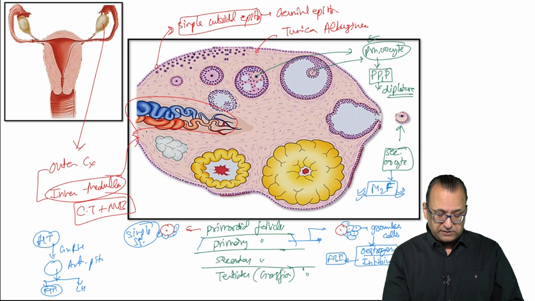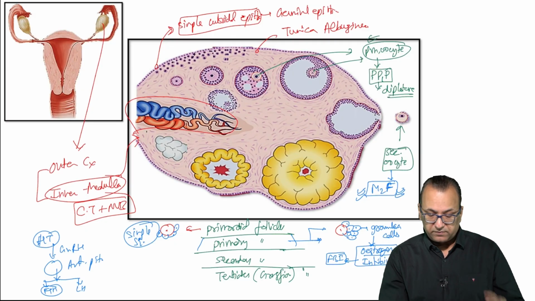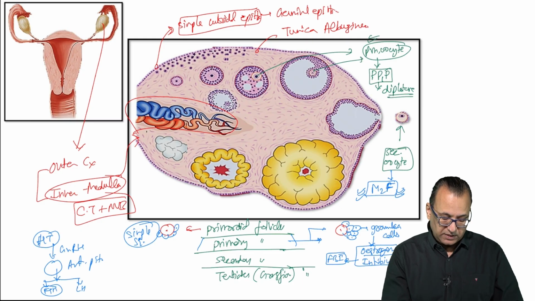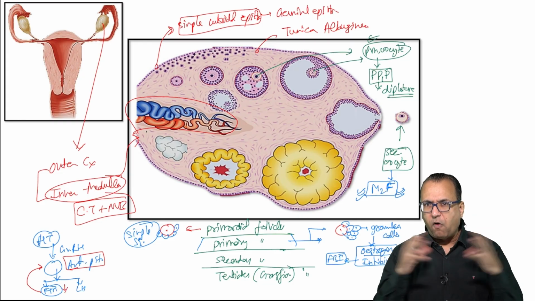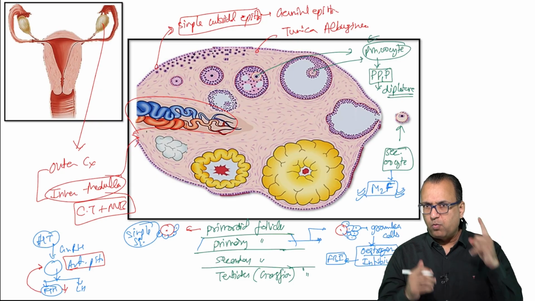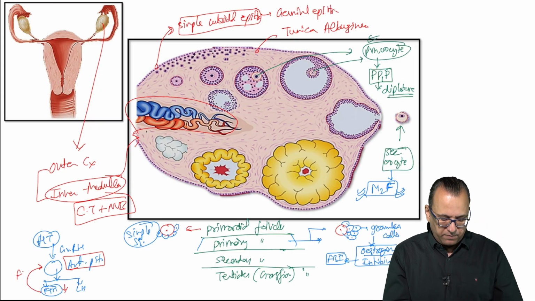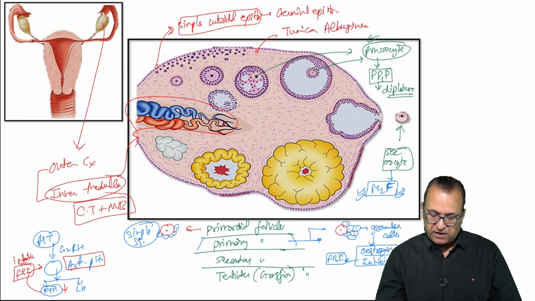Now the granulosa cells of the follicles have a feedback inhibition and can always go back and tell the anterior pituitary to reduce the FSH, because multiple follicles start developing. You don't want all the follicles to mature, only one follicle should mature. So inhibin is required. This is called feedback inhibition. It is done by inhibin, and that inhibin is given by these granulosa cells.